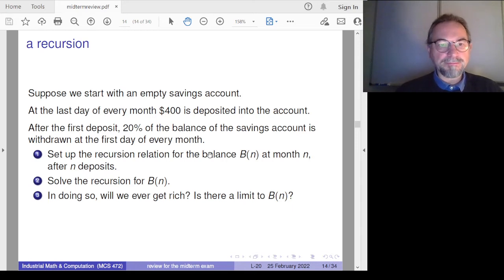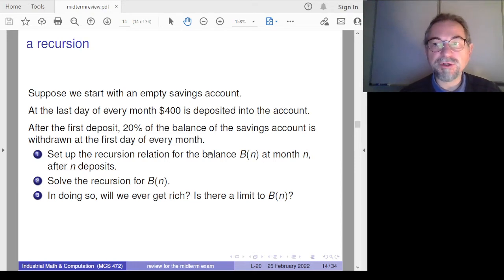this problem. We start with an empty savings account. So each time $400 is deposited into the account, then 20% of the balance of the savings is withdrawn at the first day of every month.